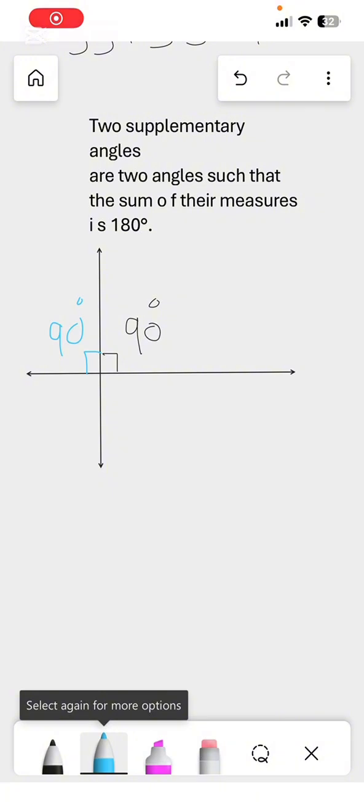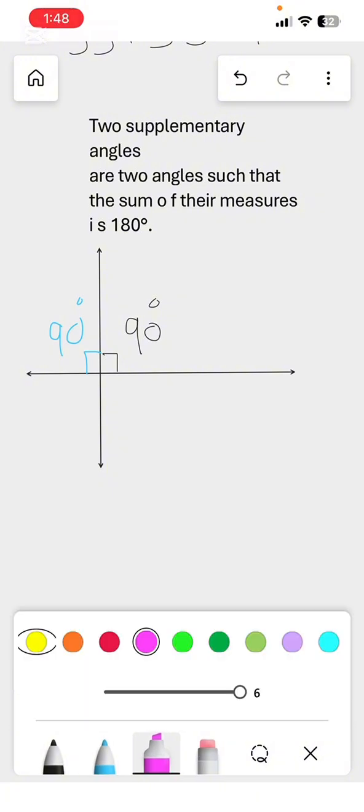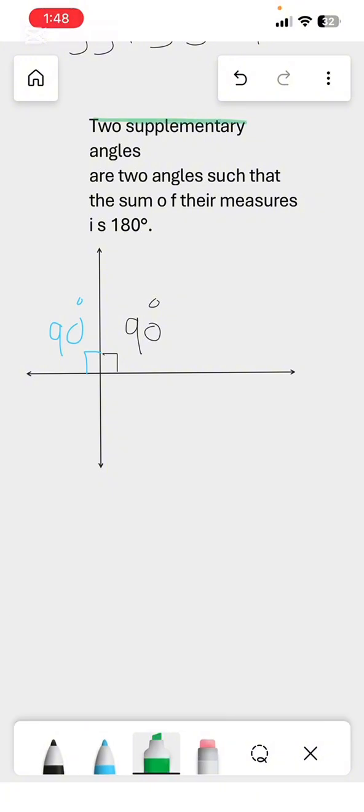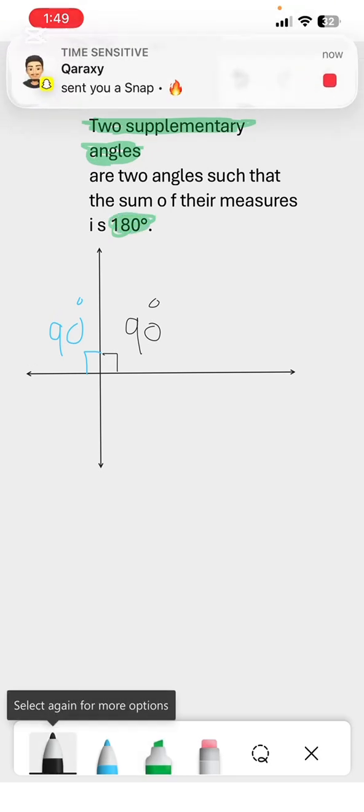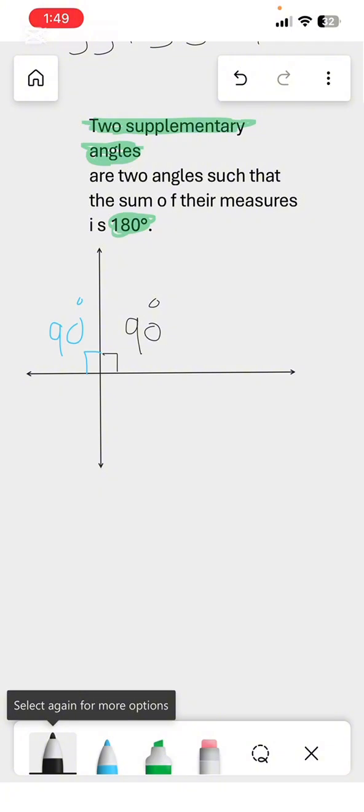Now we have another type of angle which is named supplementary angle. I talked about complementary, when their sum is equal to 90 degrees. But supplementary angles are those angles that when you add them equal 180 degrees. How? For example, look at the figure.